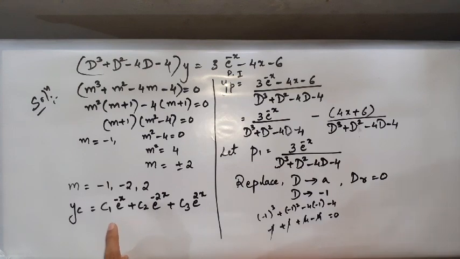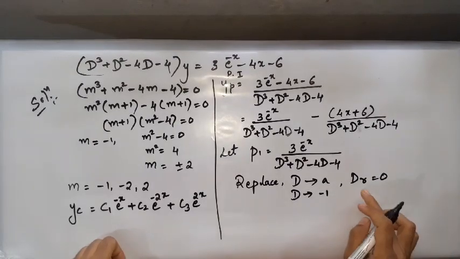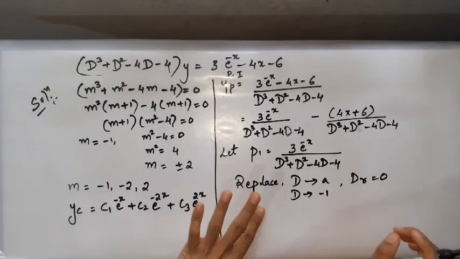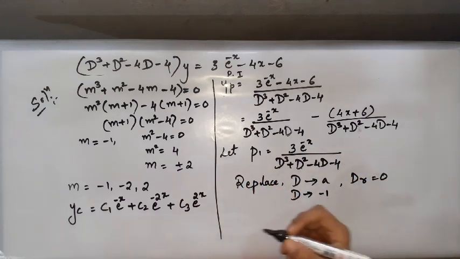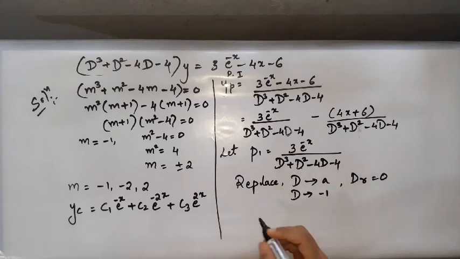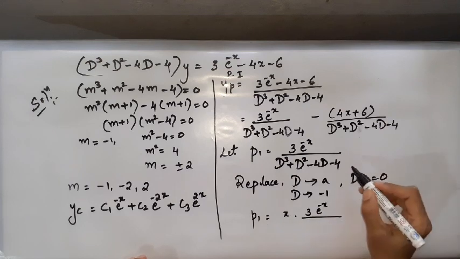So as already explained, you have the denominator turning 0 when you put d is equal to minus 1 in the denominator. So for that, we have to apply our rule. What is that rule? You write x in the numerator into 3 into e to power minus x divided by, what you have to do in the denominator?